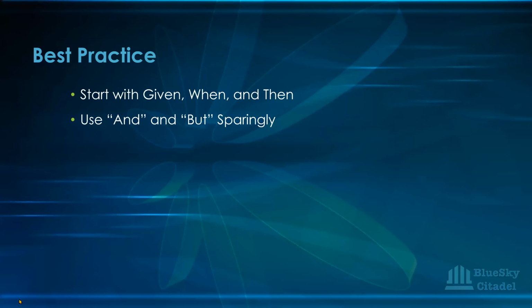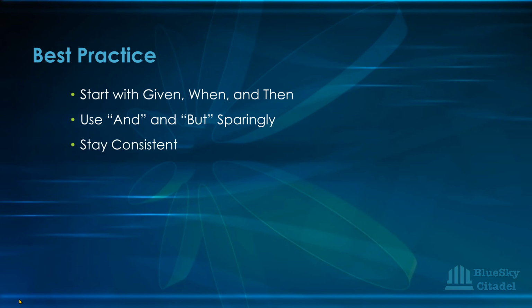Use "and", but use it sparingly to add additional context and variation to the steps. If we use it excessively, it can actually confuse or make the scenario a little hard to follow. But when you need to use it, you need to use it. Just avoid excessive use of it.